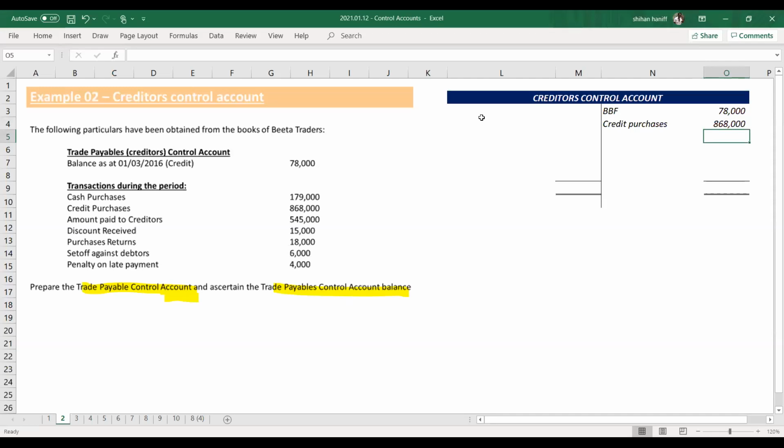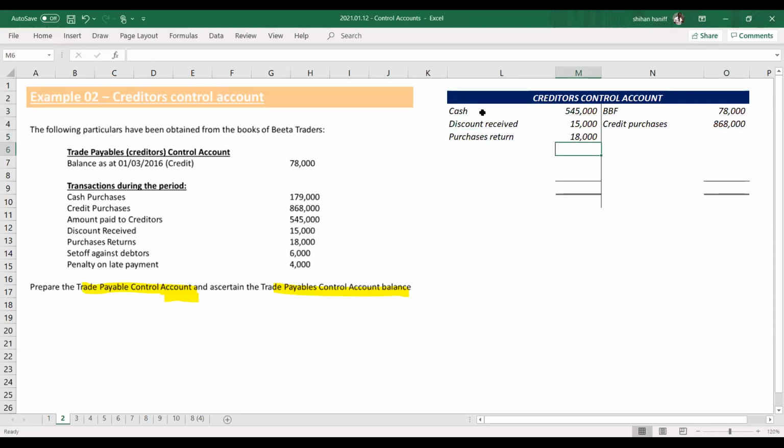Amount paid to creditors, that is the cash payment, 545. Receipt 15,000. Purchases return, 18,000.